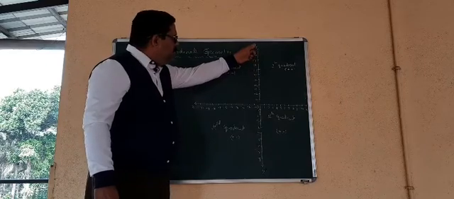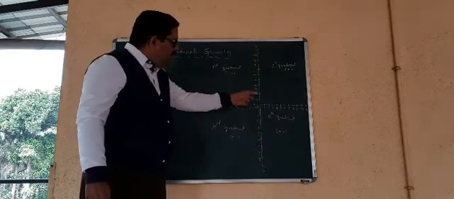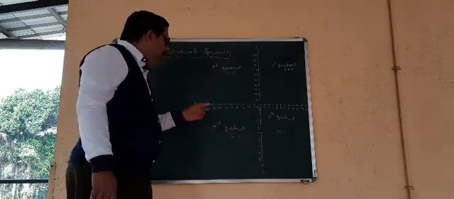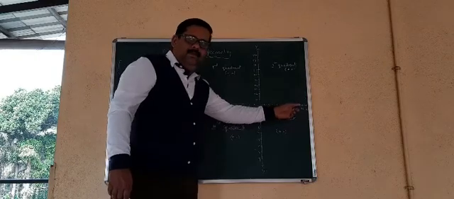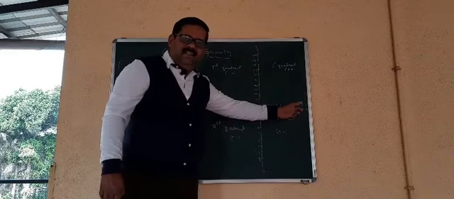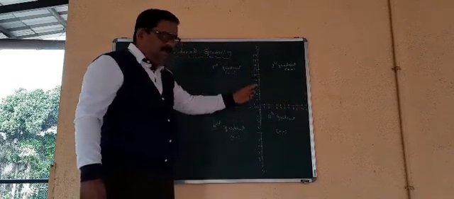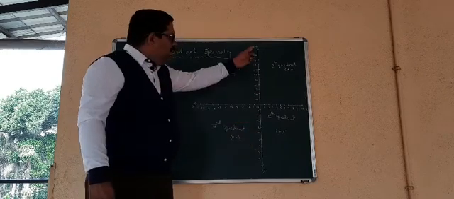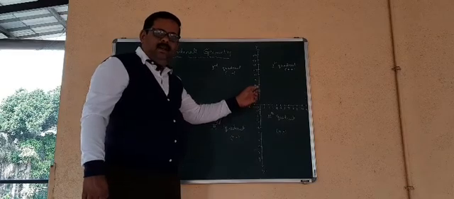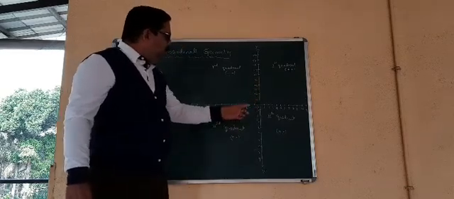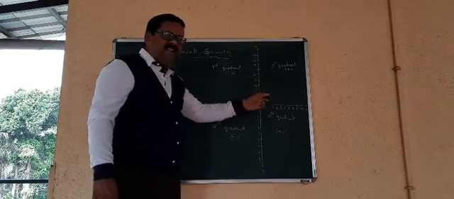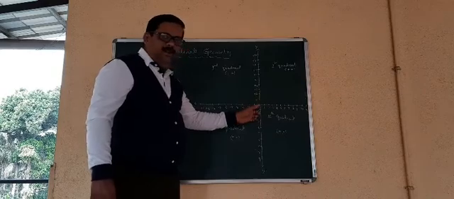The perpendicular line is called the y-axis, and the horizontal line is called the x-axis. We call this perpendicular line the y-axis, and the point of intersection of these two lines, that is the x-axis and y-axis, is called the origin.